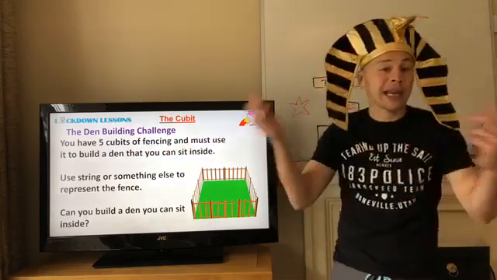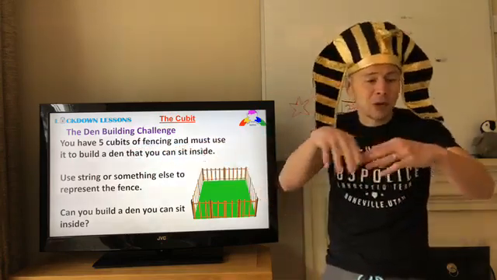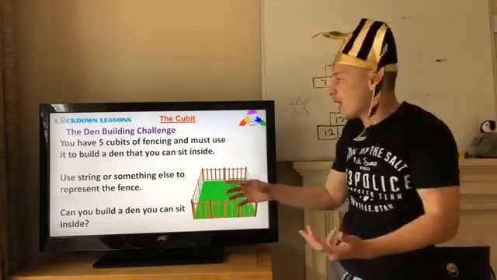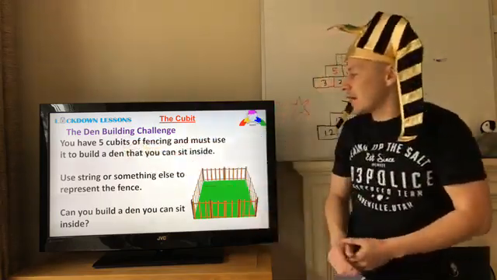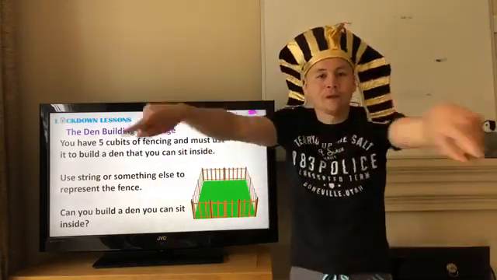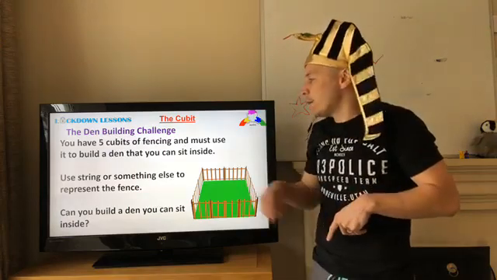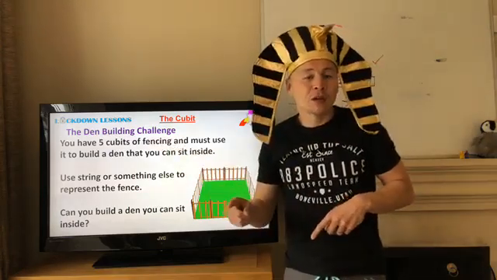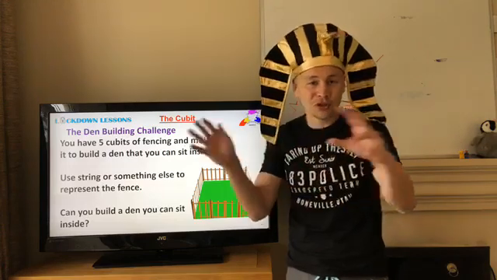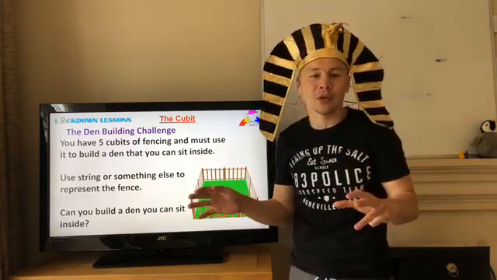We're going to use string if you've got string, or you can use whatever you want. You can use jumpers, trousers, rugs, just something. You've got 5 cubits of fencing, and you need to build yourself on the floor your fence with your 5 cubits. But you need to make it big enough so you can completely sit inside it without touching any of the string at all. So that is your challenge.